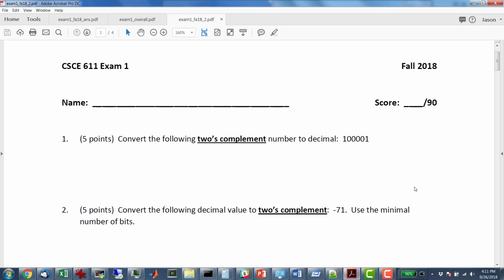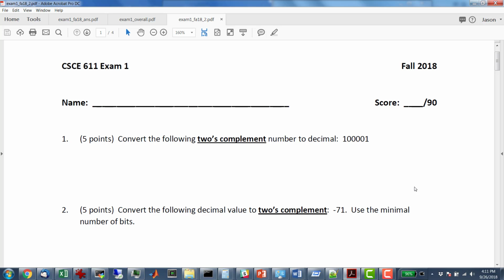So this becomes 0, 1, 1, 1, 0, 0, 0, and then add 1: 0, 1, 1, 1, 0, 0, 1. But the sign bit here would be 0, and we know that this is supposed to be negative, so you have to add that sign bit there.